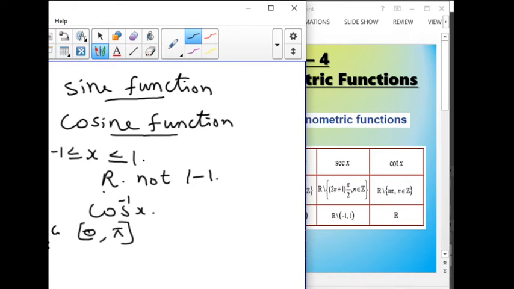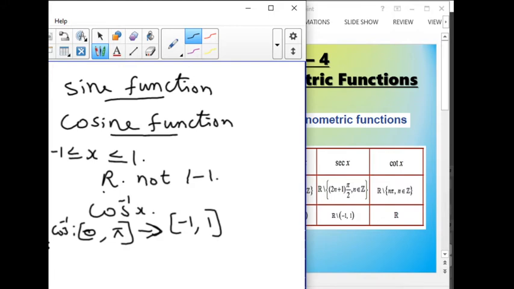That is cos inverse of x. The domain is 0 comma pi, and the range is minus 1 comma 1. So the domain is restricted from R to 0 comma pi.